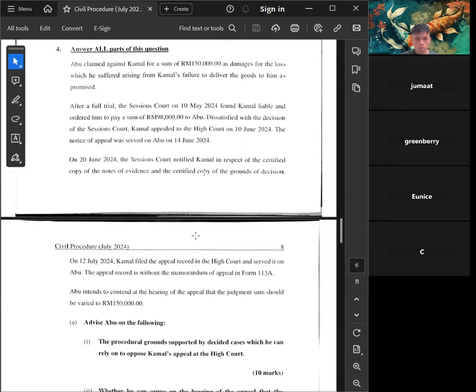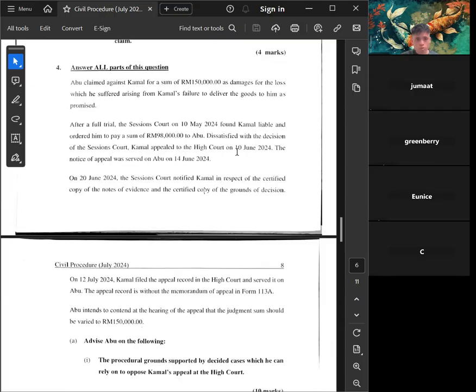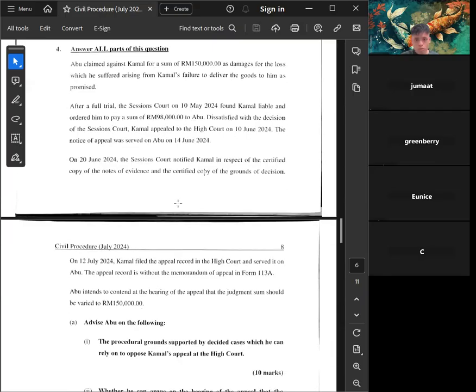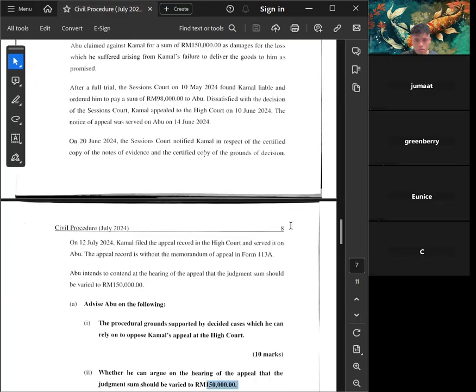Who is Abu? Now, Abu wants to appeal. Is he able to do so? Yes, he is, because he is an appellant in the appeal action. Right now, the question is asking whether, during the appeal, he can argue that.